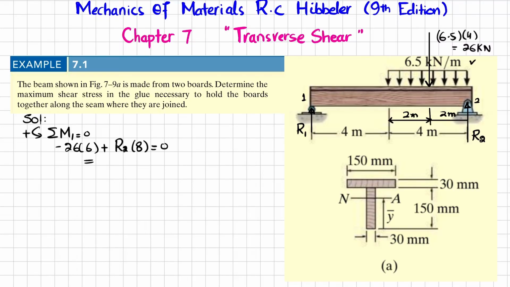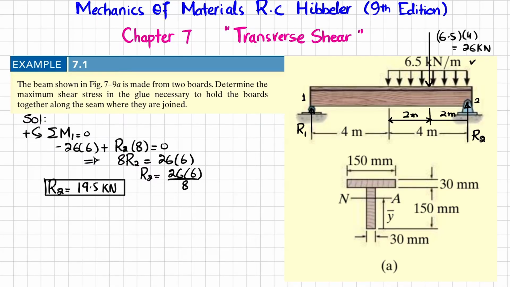So from here we will get 8 times R2 is equal to 26 multiplied by 6, and this R2 will become equal to 26 multiplied by 6 divided by 8, and when you solve this you will get R2 equal to 19.5 kilonewton.